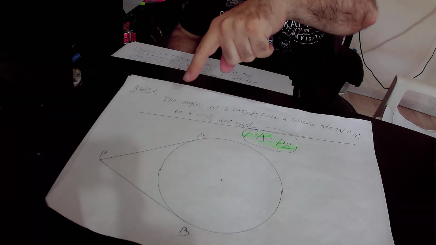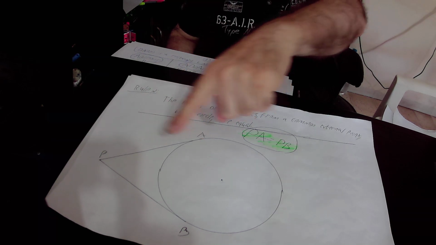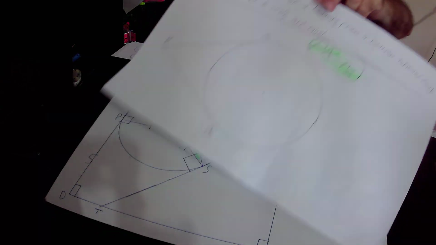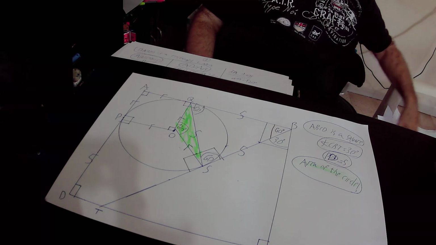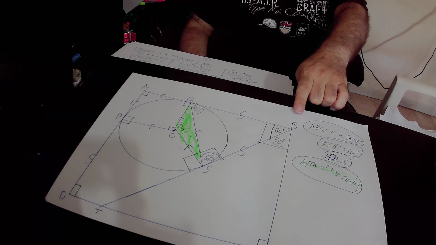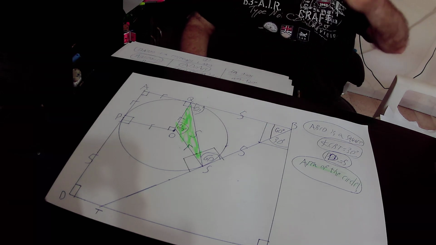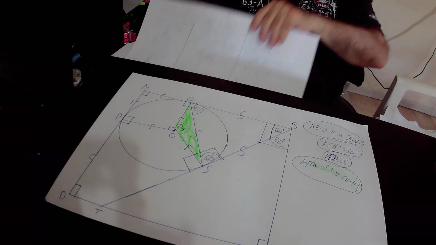And according to rule number 2, they are equal to each other. That is to say, PA equals PB. Actually, you can implement rule number 2 in our drawing. Why? If we focus on the common center point B, from the common center point B, we have tangent BQ and tangent BS. And according to rule number 2, they are equal to each other.